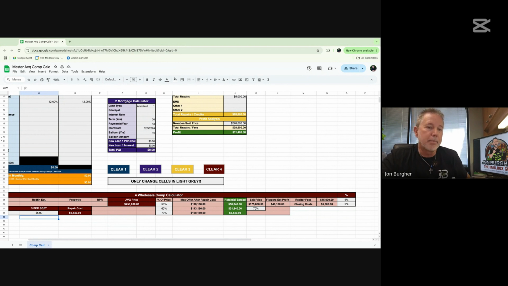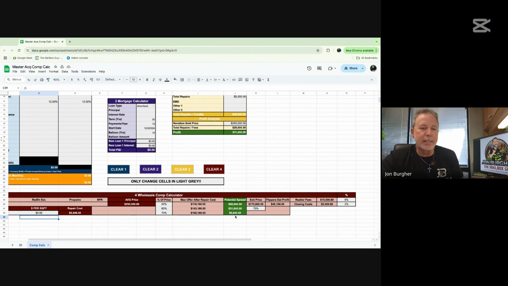Not bad for him. Typically your flipper wants to make a 20% profit. It should be about $50,000 on a $250,000 house. So it's probably about right there where he's going to want to be to do the deal.